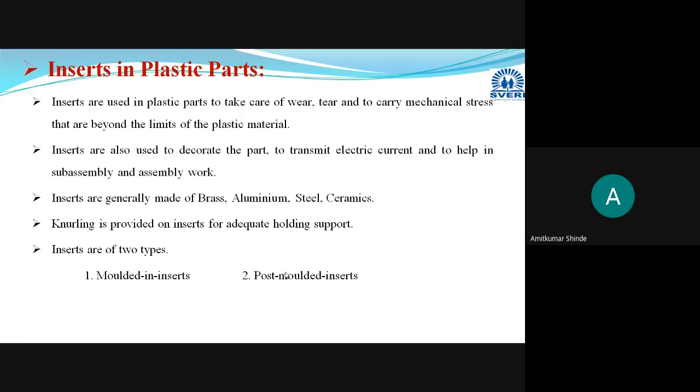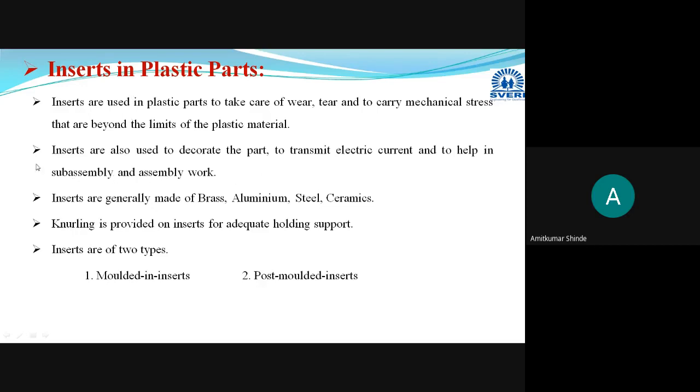To avoid this, metal inserts are used to carry the extra mechanical stress that is beyond the limit of the plastic material. That is the main purpose of using these inserts.